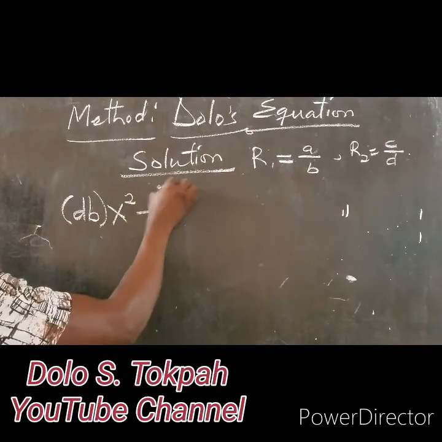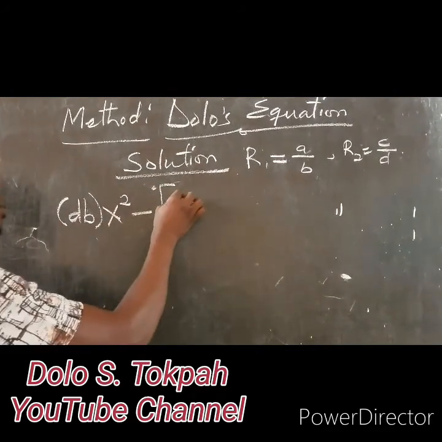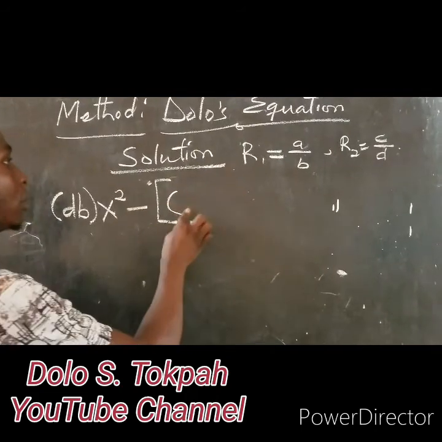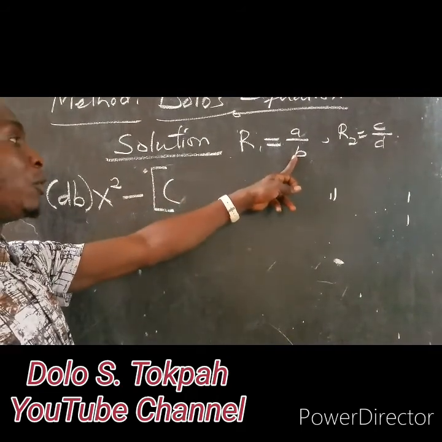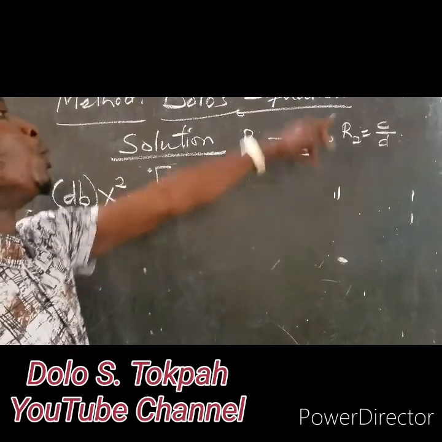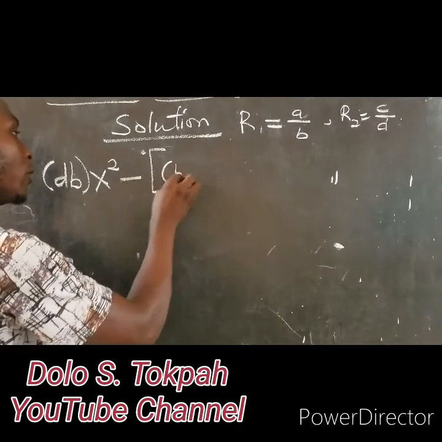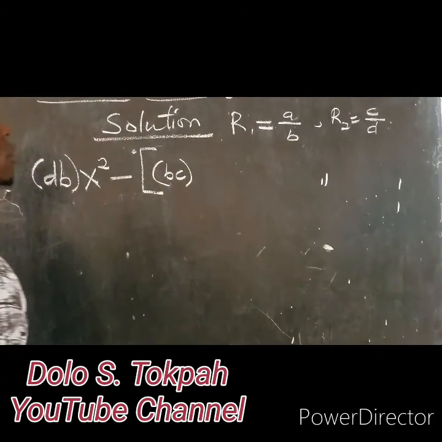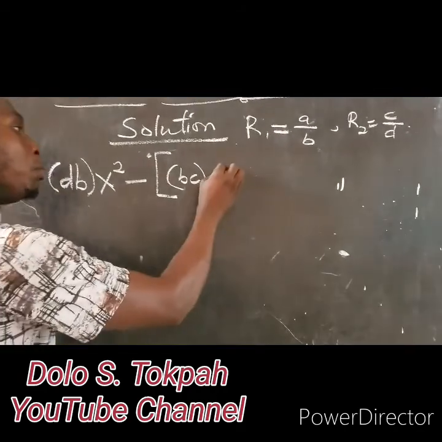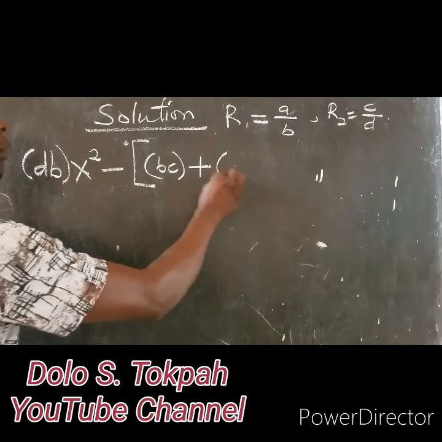Minus, braces open, parenthesis open. Now we multiply the denominator of the first root times the numerator of the second root. So this means we'll have BC, plus another parenthesis open.